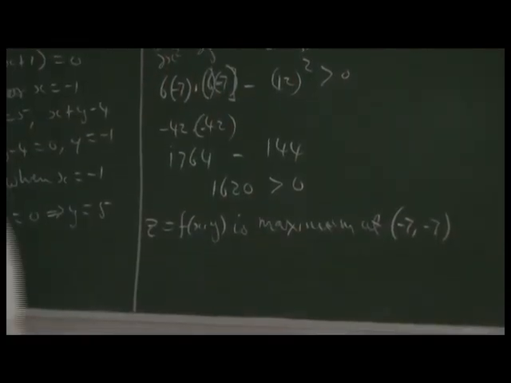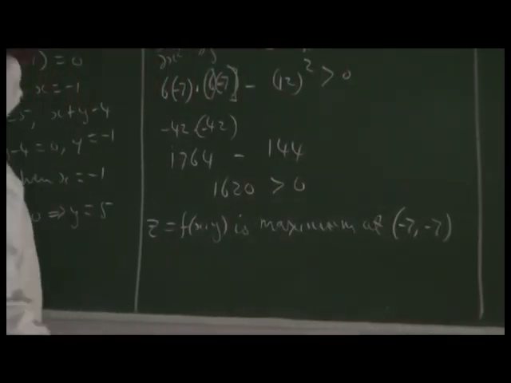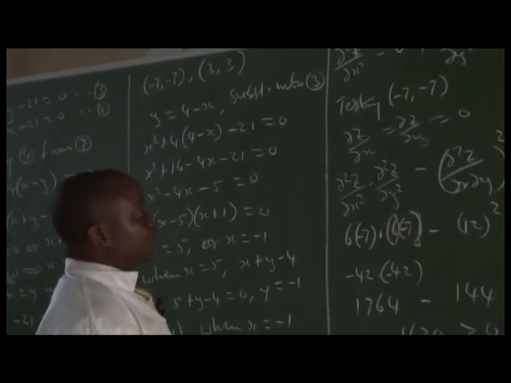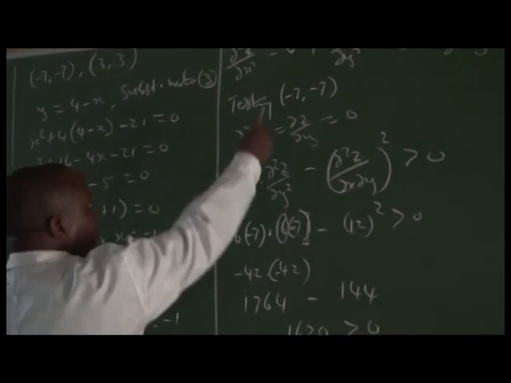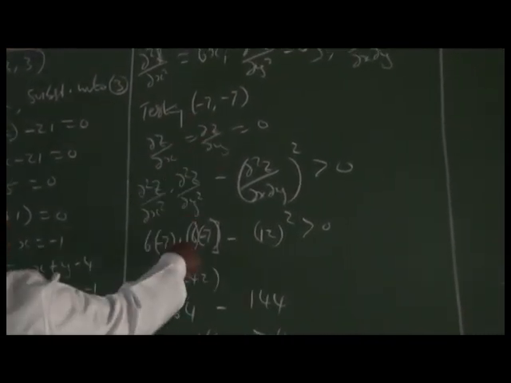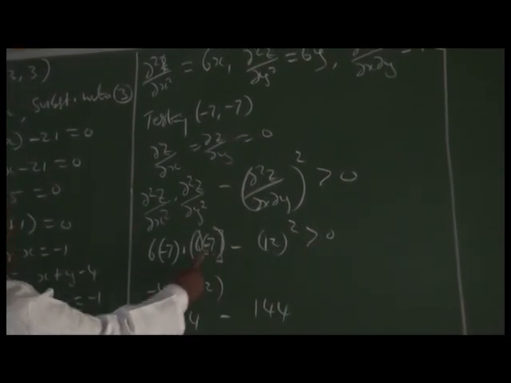So I'd like you to carry out the test for the other 3 points. See, this one is 3, 3. What you do now is you put 6 times 3 in the place of x, times 6 times 3 in the place of y.